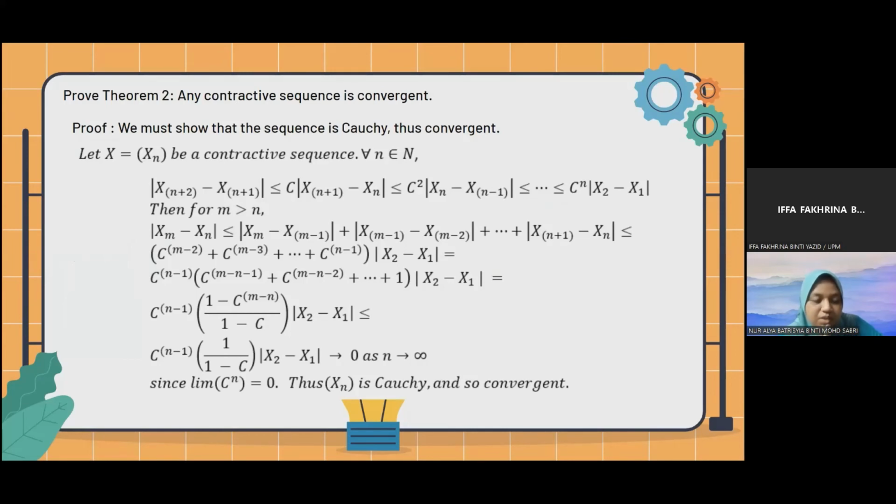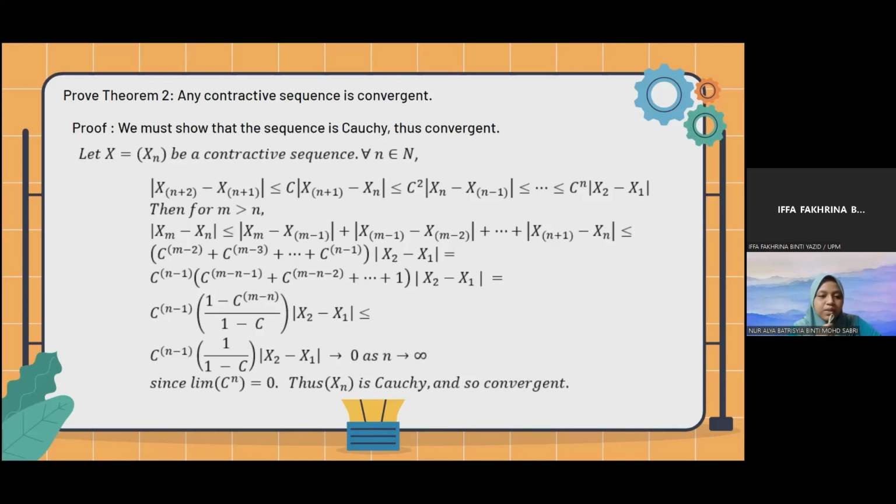Okay, so the question is, prove Theorem 2, any contractive sequence is convergent. Therefore, first, we must show that the sequence is Cauchy, thus it is convergent.